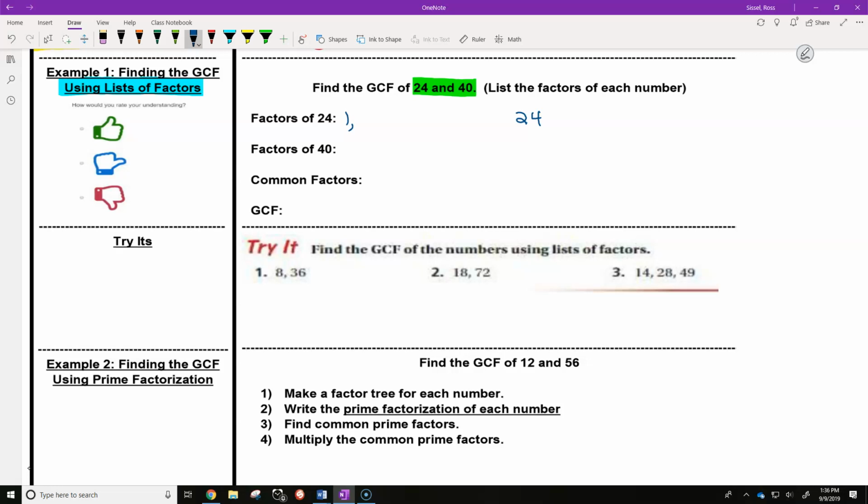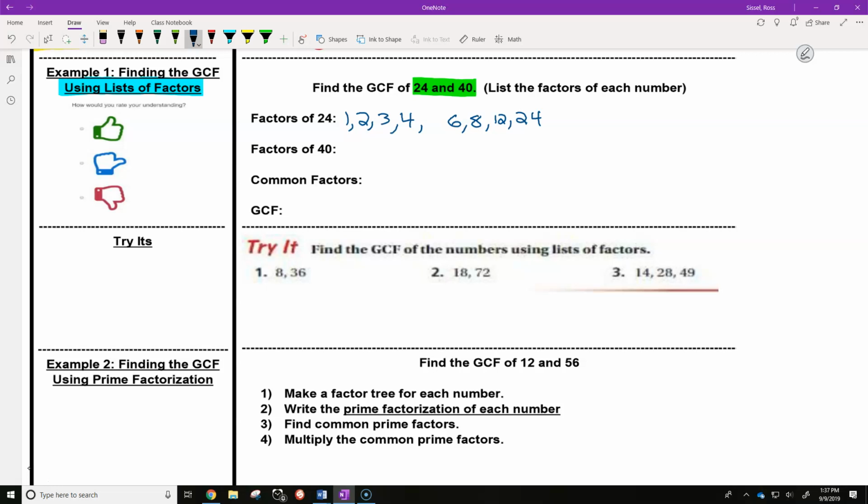After 1 comes 2. 2 goes into 24 12 times. 3 goes into it 8 times. 4, 6. 5 does not go into 24. After 5 comes the number 6, but I already have it, so those are all my factors of 24. Now, being honest, did that look hard for me? No, because I know my multiplication and division. Some of you sitting here could do that just as well as I just did. So this is going to be simple.